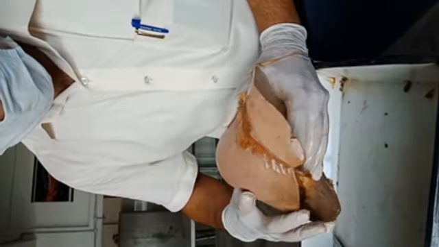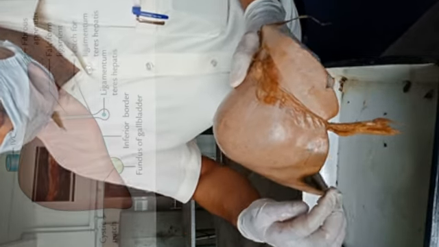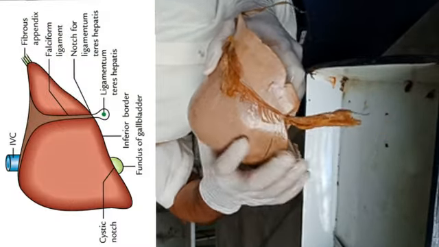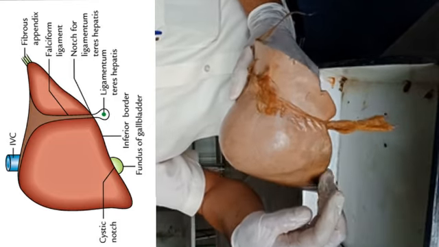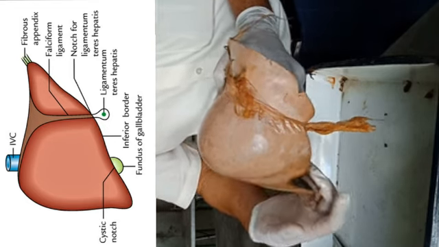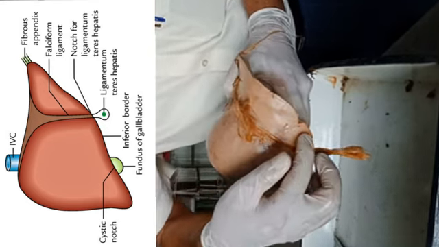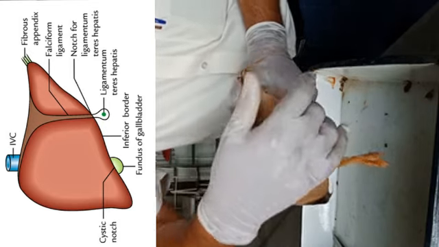Now coming to the inferior border. If you see this, it actually separates the diaphragmatic surface and the visceral surface. It extends laterally, separating the right lateral surface from the inferior surface, and goes medially, separating the anterior surface from the inferior surface.